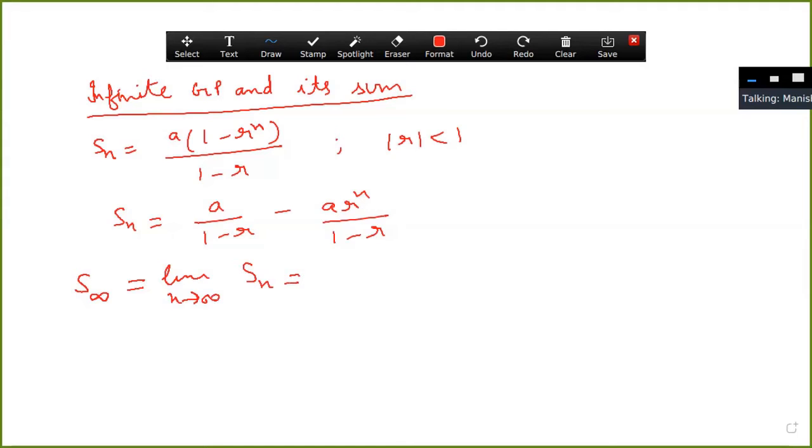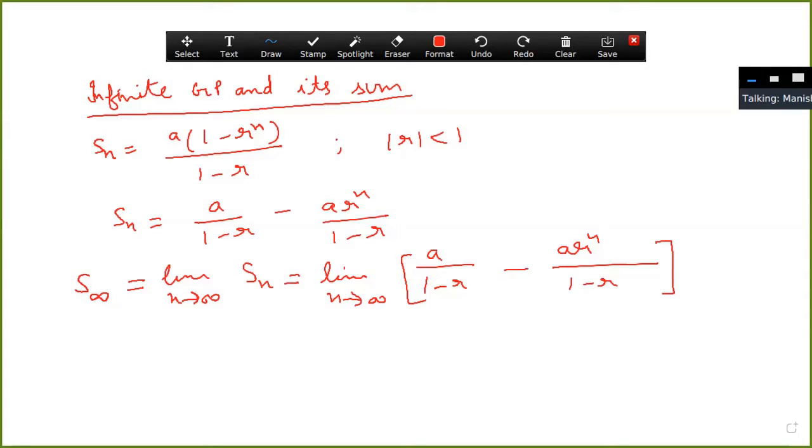The limit of a upon 1 minus r minus a r to the power n upon 1 minus r. When you apply the limit n tending towards infinity, this term will tend towards 0.